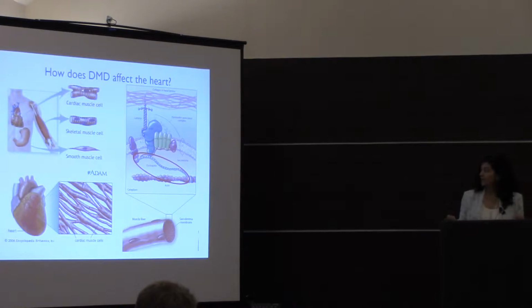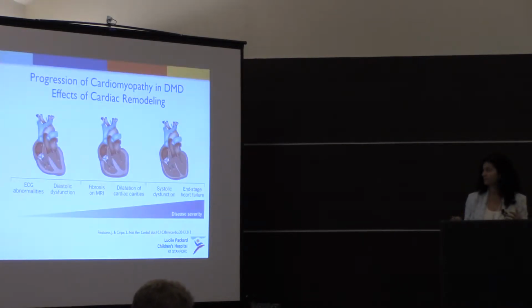And so when you are missing dystrophin, over time it will affect the function of the heart and the efficiency of the contraction of the heart from a cellular basis, and then as it builds out, if you put all of those affected cells together.